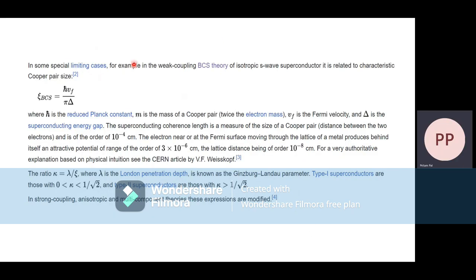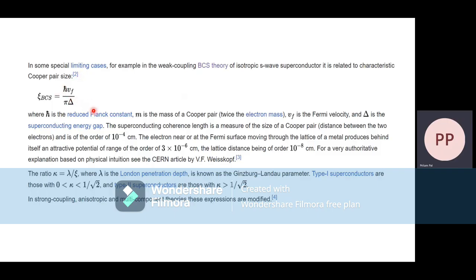Let's say we have some cases, for example weak coupling BCS theory of the isotropic case. There are different types of superconductors that you can learn later if required. It is related to the characteristic Cooper pair size, defined by h-bar vF by pi delta.